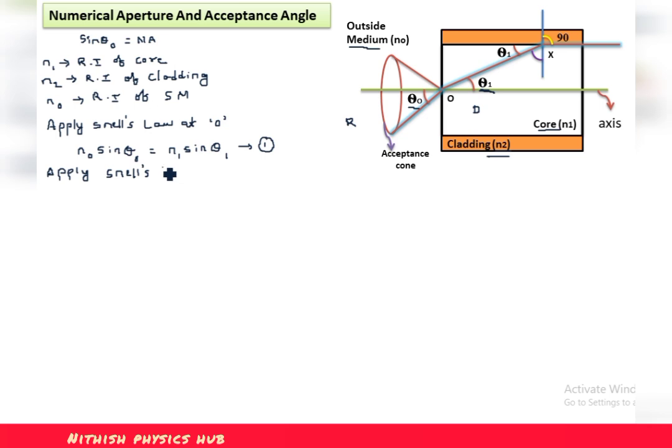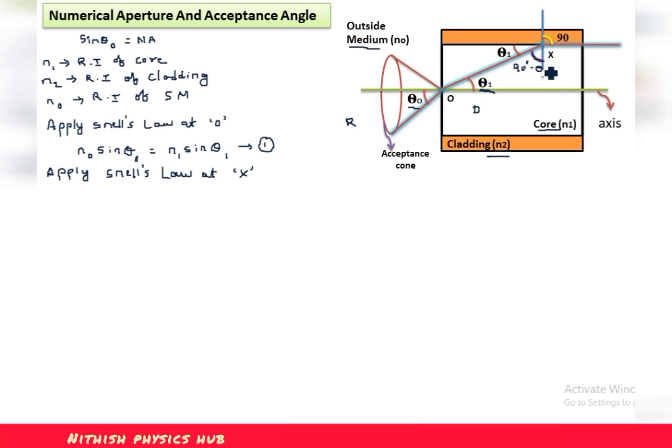That will be the angle of incidence when total internal reflection takes place. The light should move from the denser medium to the rarer medium. So here the core is acting like a denser medium and the cladding is acting like a rarer medium, which will form a 90 degree refracted light.